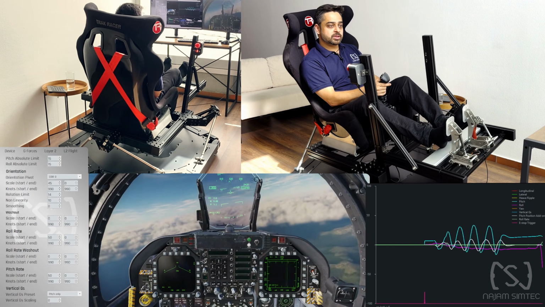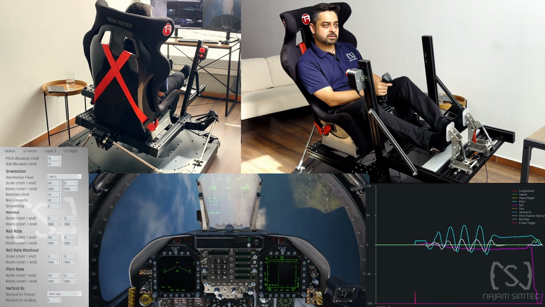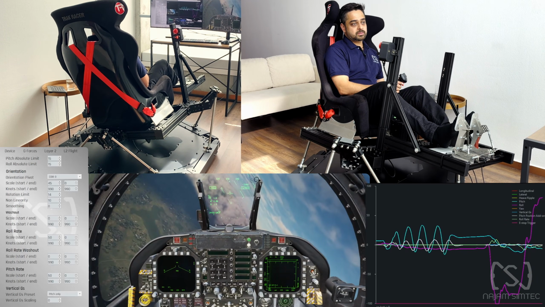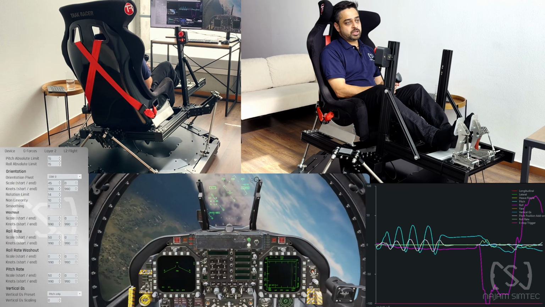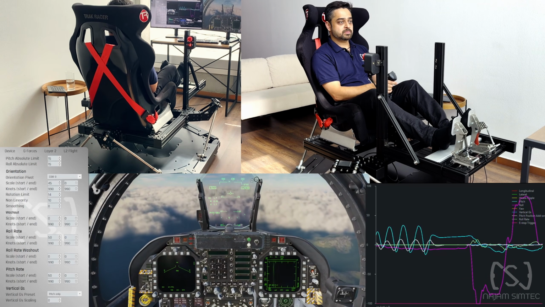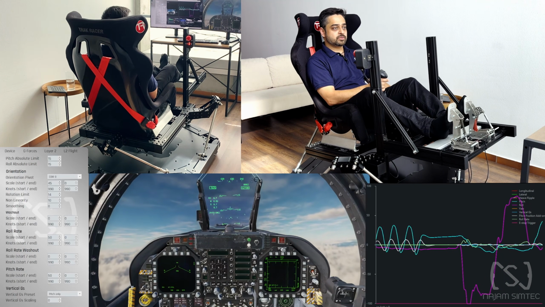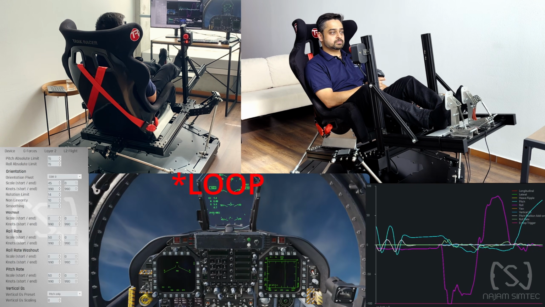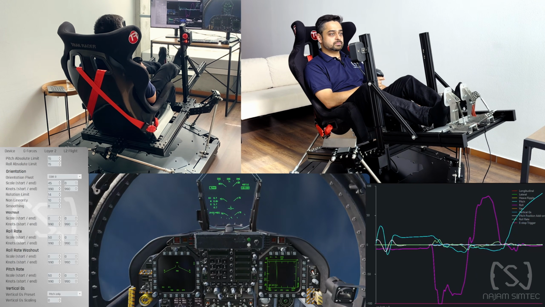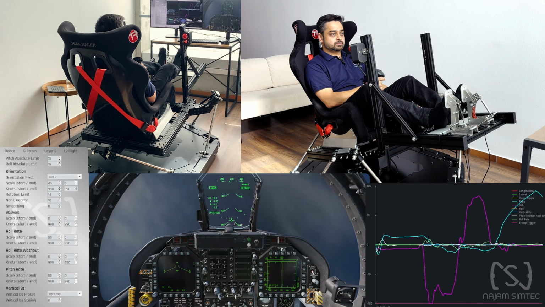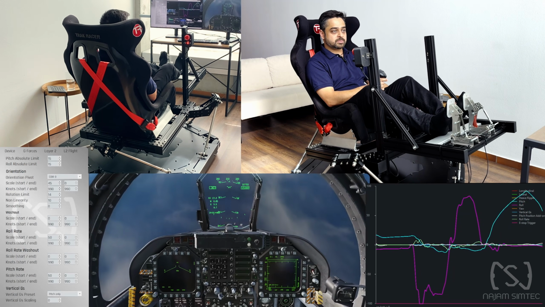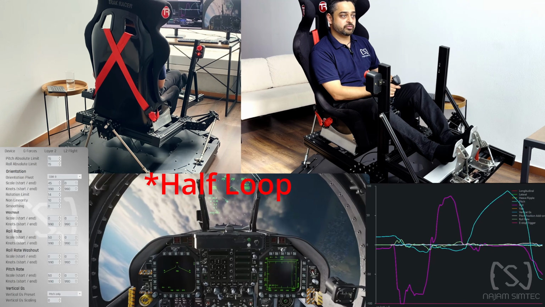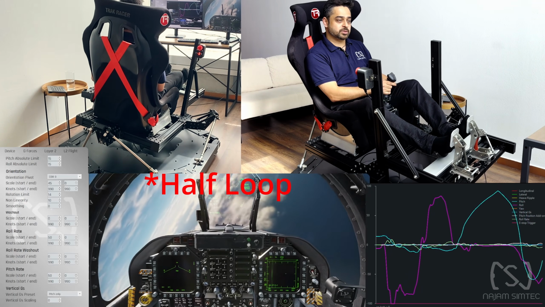And if I go with a full 90-degree bank, and even if I do a pitch, let's do a full roll. Right, so we do a full roll and then it comes down from the nose. Sorry, a full loop, not a full roll, a full loop.